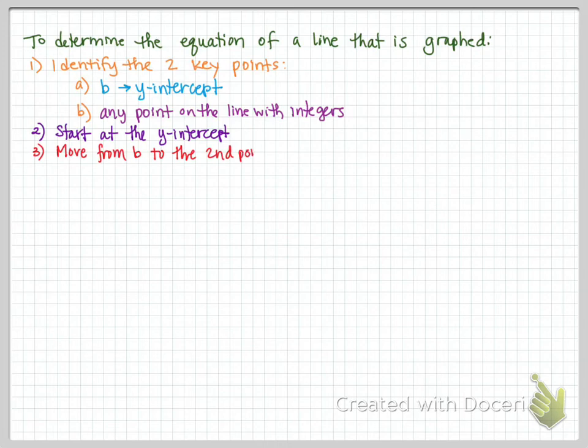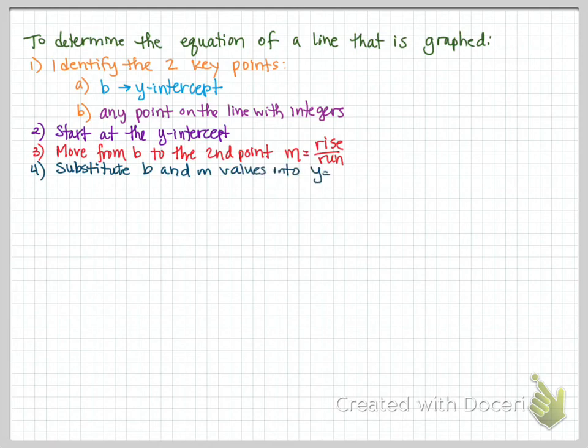And what you're going to be labeling is rise over run. Okay, so basically the slope. And then you're going to take those two values and substitute B and M values into y equals mx plus b, and then that'll be it.